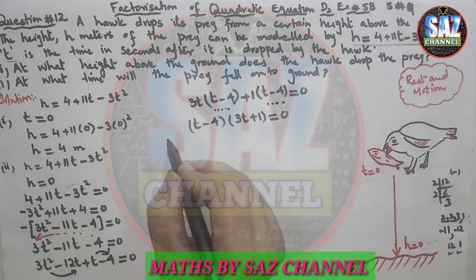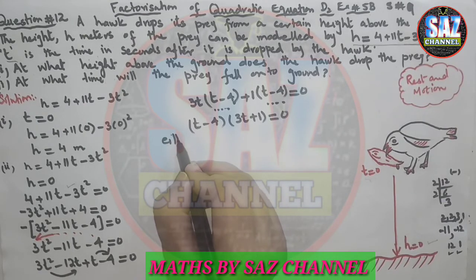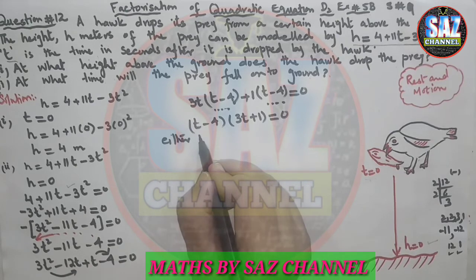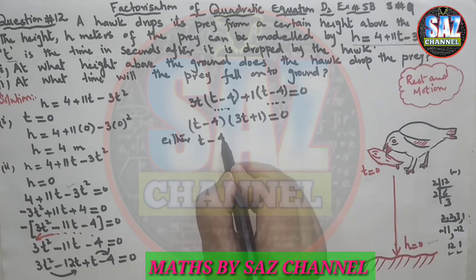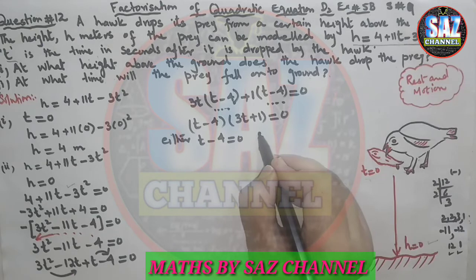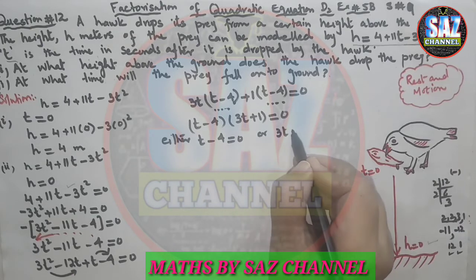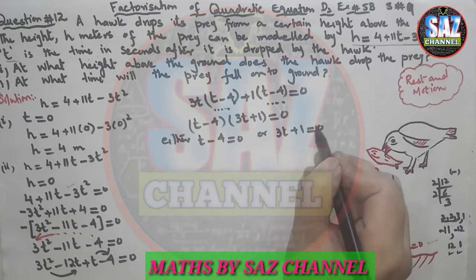In order to solve this equation, apply the either-or condition, either t minus 4 will be equal to 0 or 3t plus 1 equals to 0.